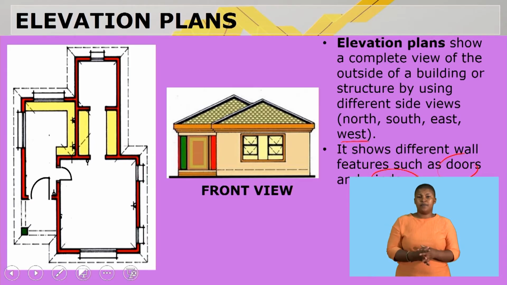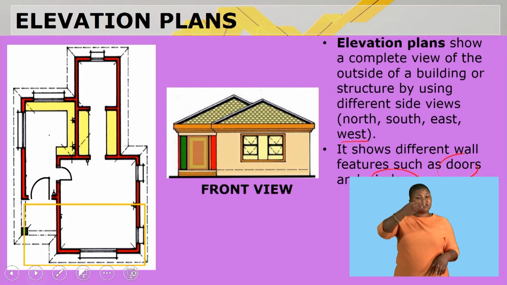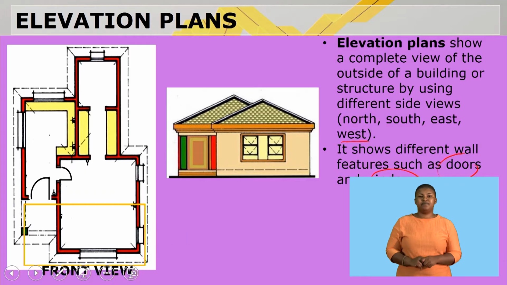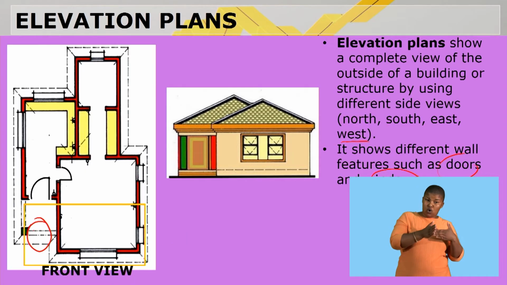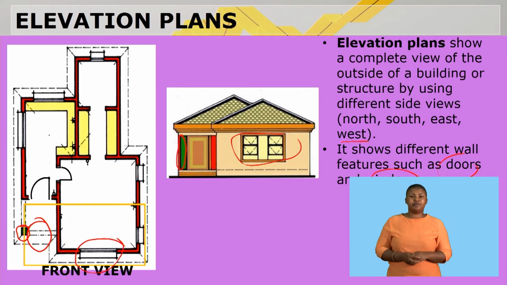That will be on that part in the rectangle. So the front view will be the front part where we can see the door. You can see the pillar, the green pillar that's there, and then the one window over there.